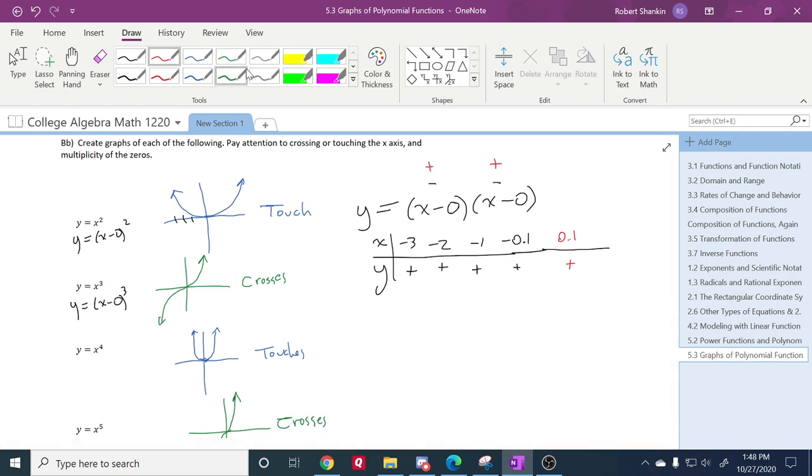So as we jumped from here to here, this causes an even number of sign changes in y, in the function. The negative goes to positive, but two of those happened.